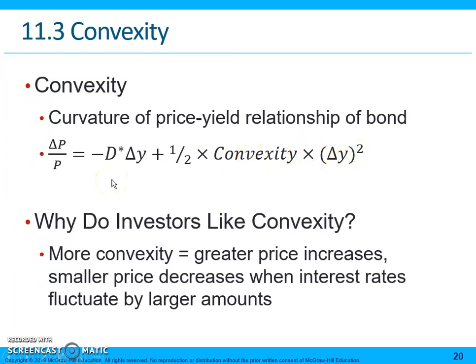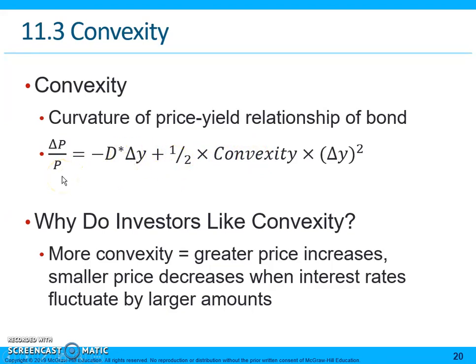We're not going to do any of these calculations this semester, but the idea is that adding the convexity back to the equation allows us to mimic the change in bond price, so we can accurately predict it.